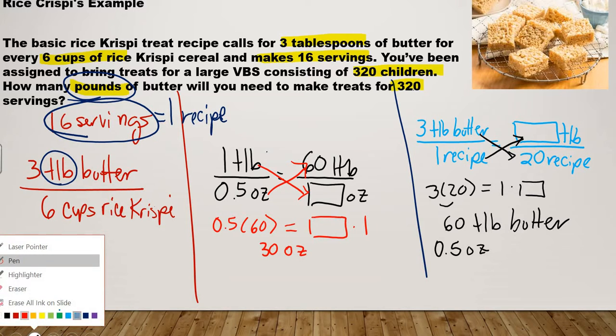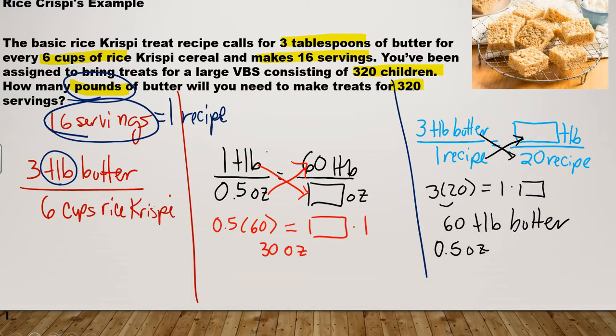A package of butter is 1 pound, which is 16 ounces in a package of butter. So now I'm going to do one last proportion, even though you can do this in your head. I'm just going to be consistent with how I do this. So if 1 pound is 16 ounces, and I have 30 ounces, I'm asking how many pounds of butter do I need?